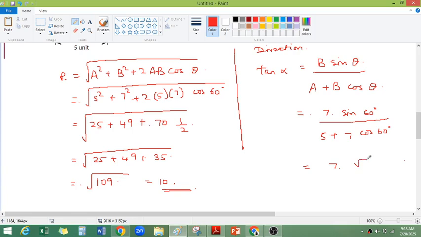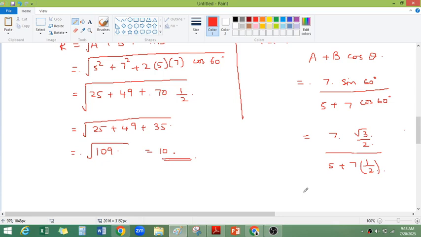Sin 60 is root 3 by 2, and 5 plus 7 cos 60, with cos 60 as 1 by 2. Simplify this.